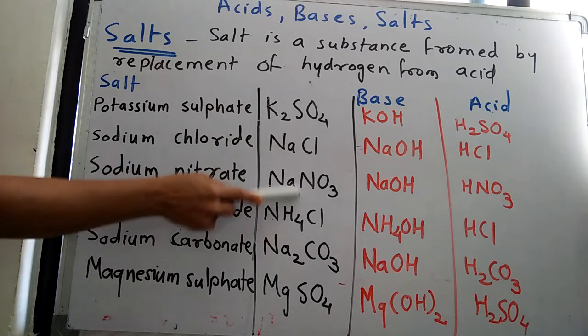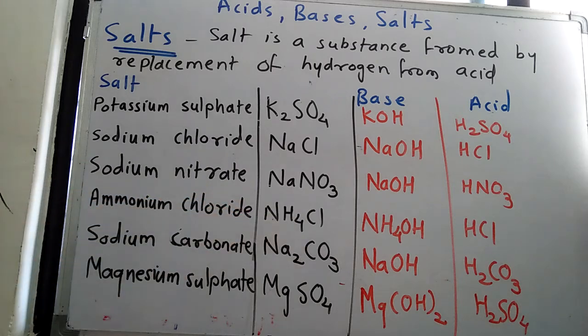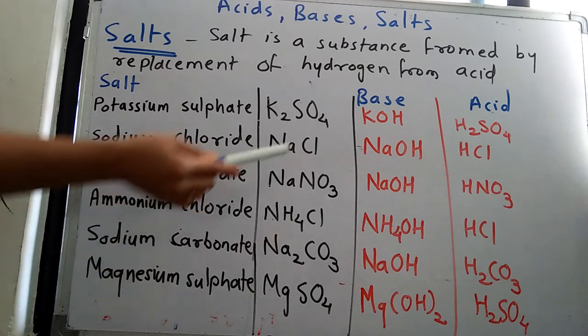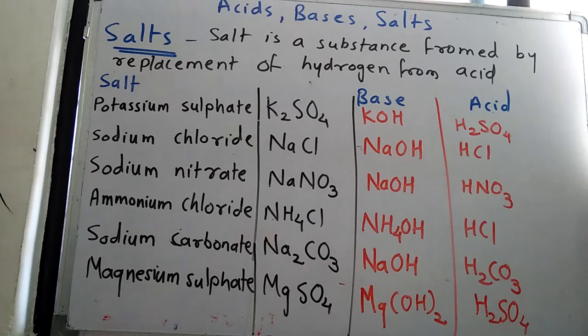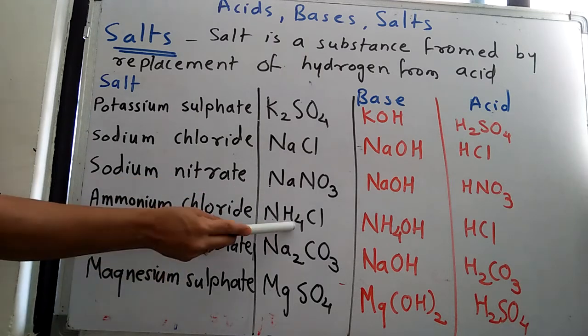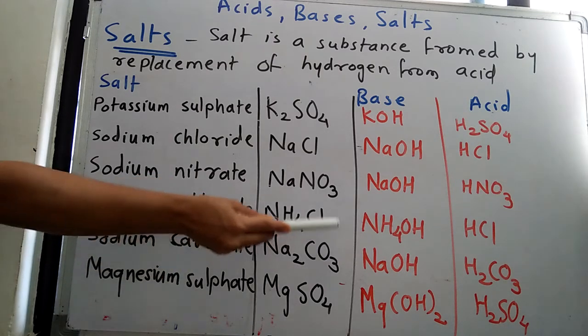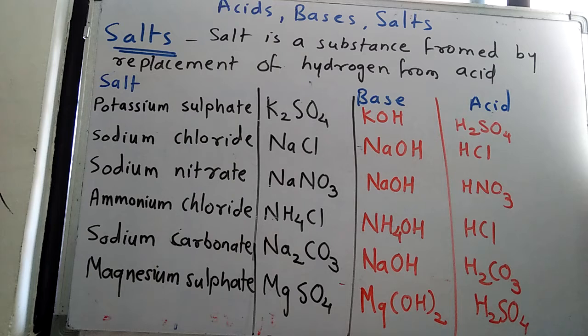NaOH, and the remaining part is NO3. NO3 is made from the acid HNO3, nitric acid. Then fourth we have ammonium chloride, NH4Cl. So the base is NH4OH and the remaining Cl is from HCl.